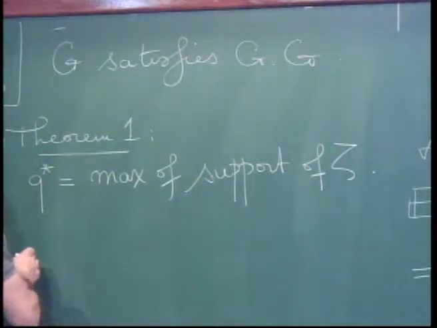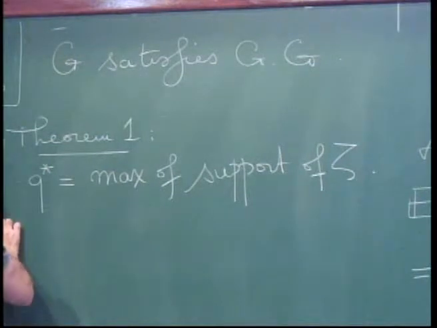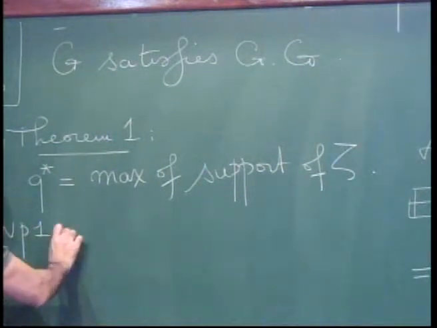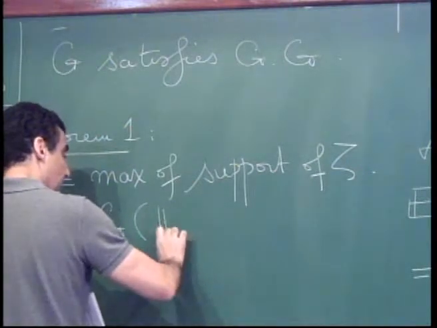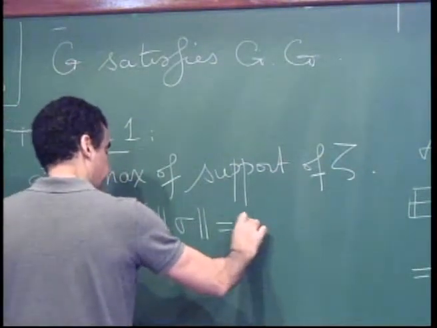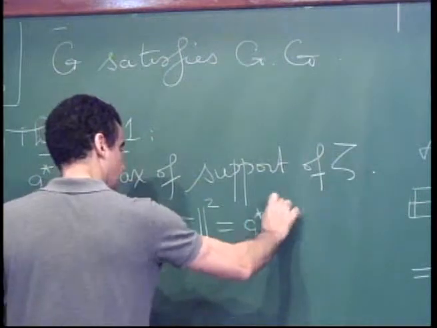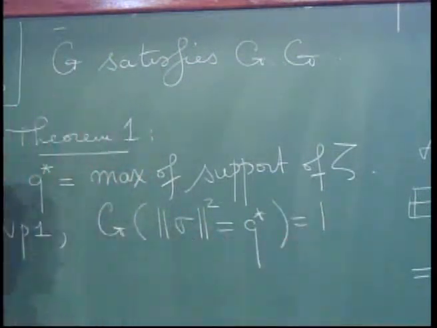So first thing, with probability 1 in the disorder, G is in fact carried by the sphere of radius square root of Q star. Okay?